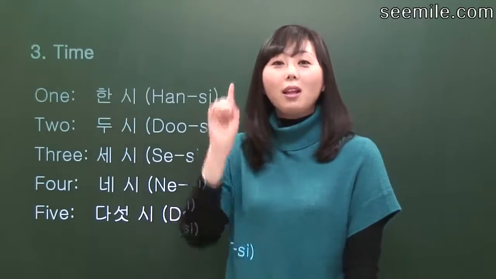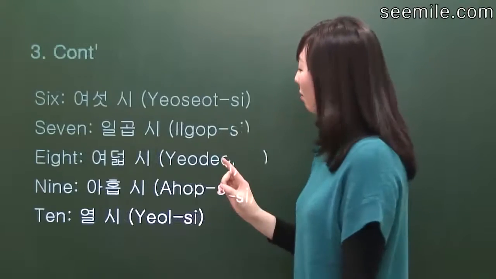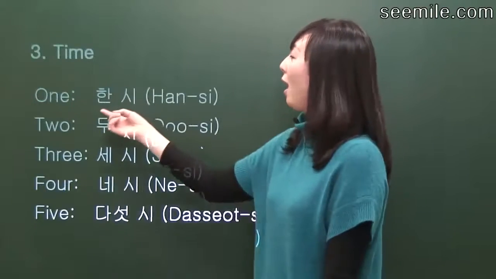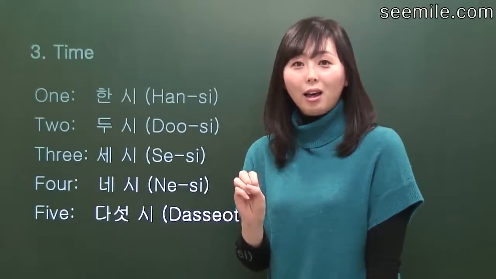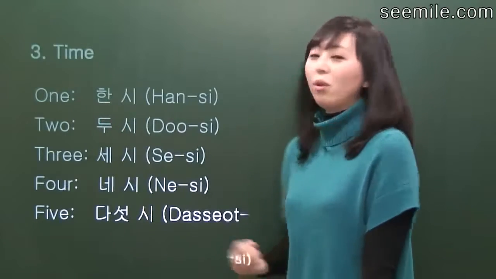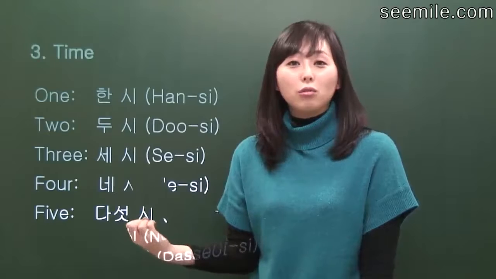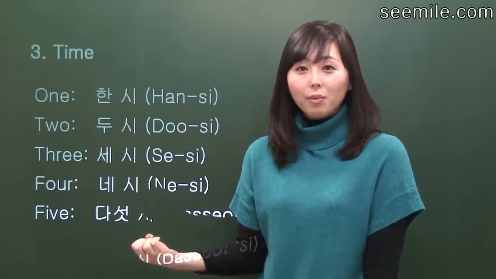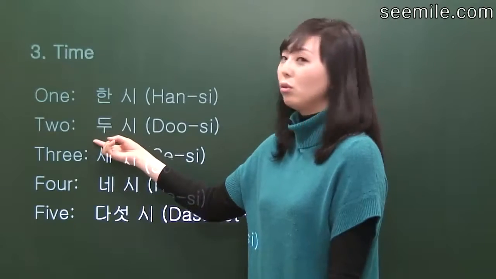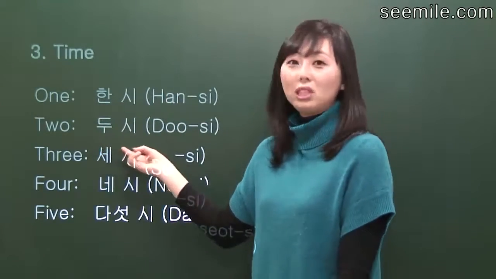Just remember, 11 is 10 plus 1. And what's 10? 열. What's 1? 한. So 11 o'clock is 11시. Okay, what's 12? 10 plus 2 is 12, right? So what's 10? 열, and 2. So 12 o'clock is 12시.